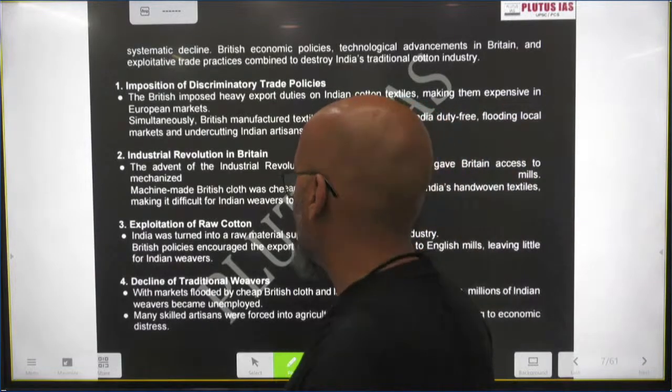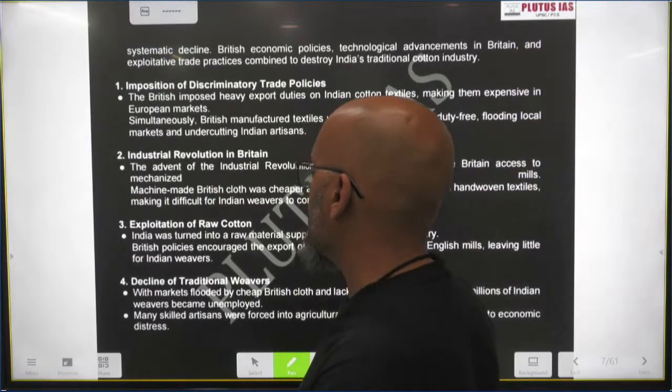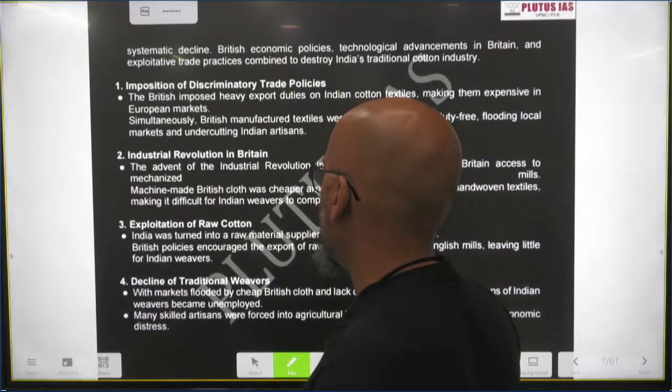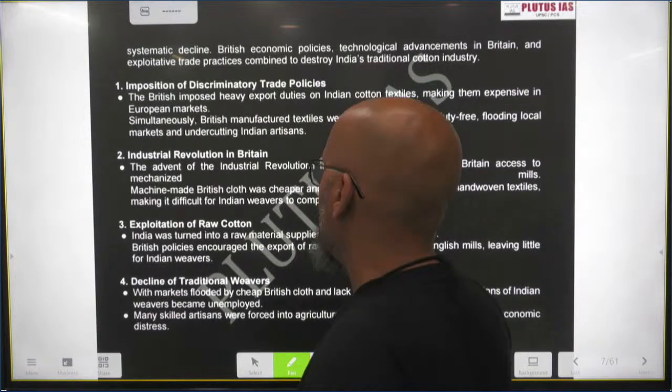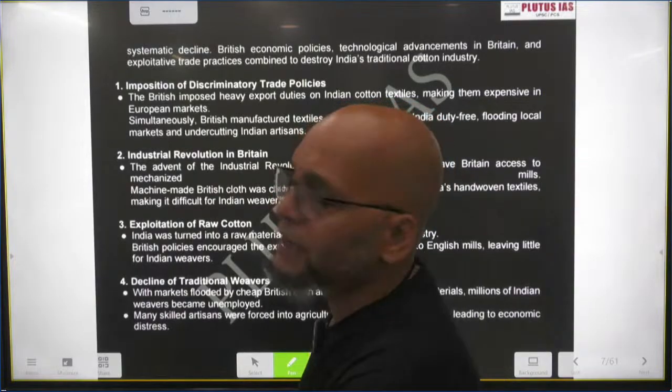Then, decline of traditional weavers. With markets flooded by cheap British cloth and lack of access to raw material, millions of Indian weavers became unemployed.